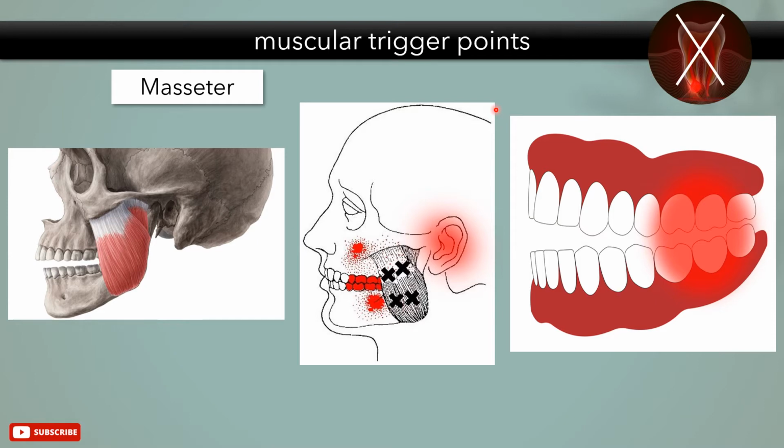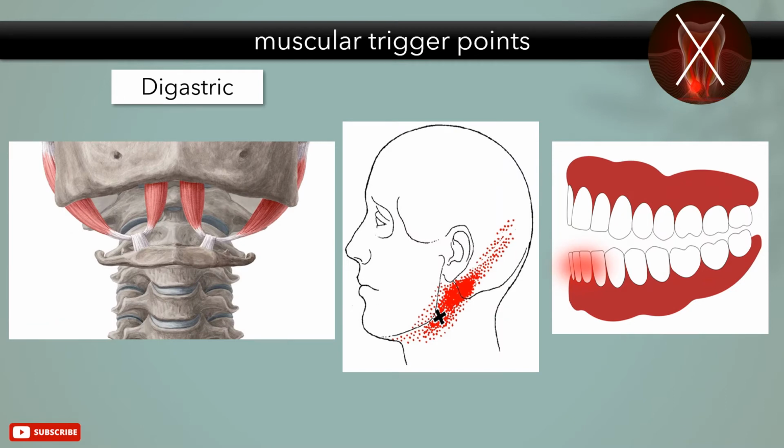Then we will talk about the trigger points in the masseter muscle. When the trigger points are stimulated, pain can refer to the maxillary and mandibular molars, the superficial and deep layers of the mandible, as well as the TMJ and the ear.